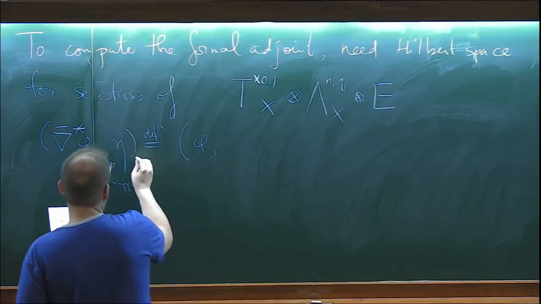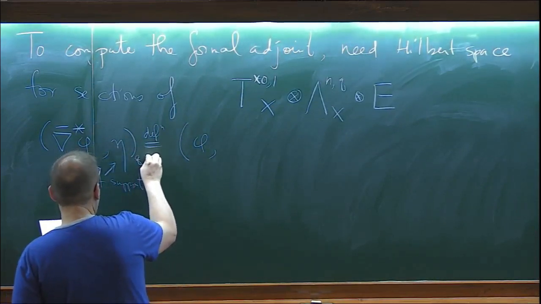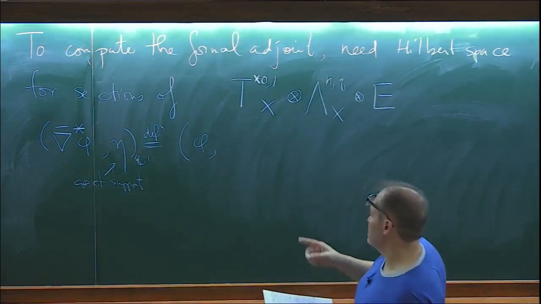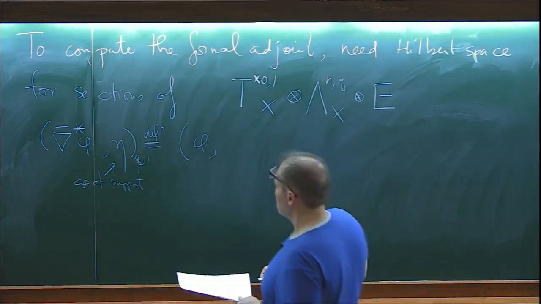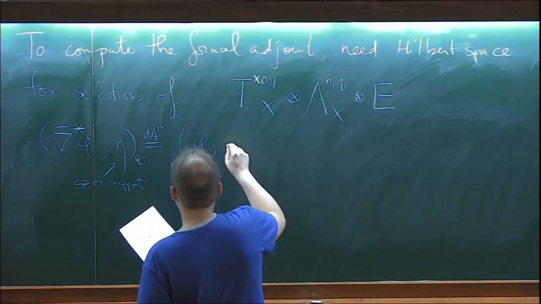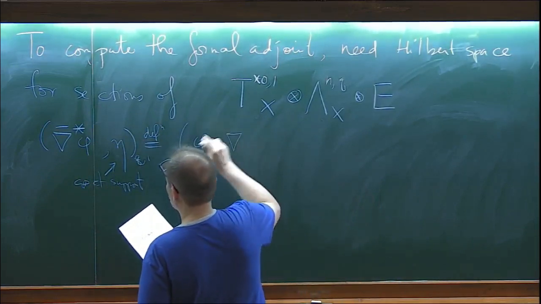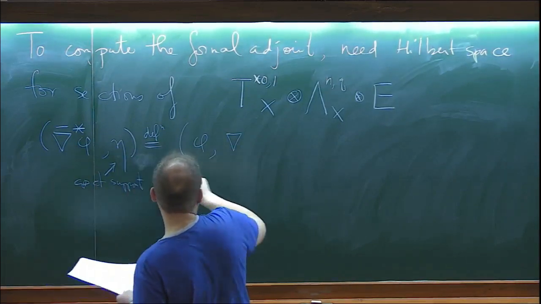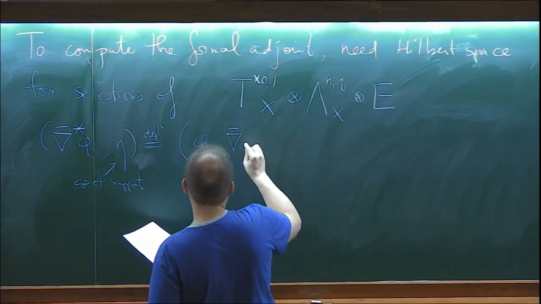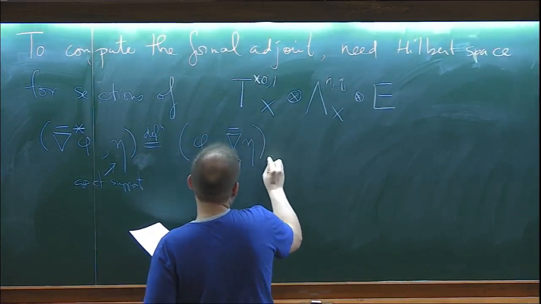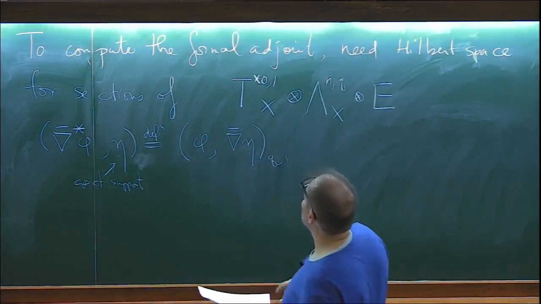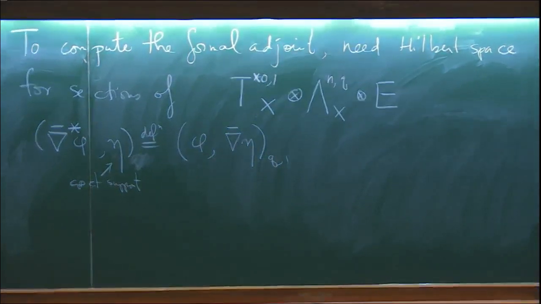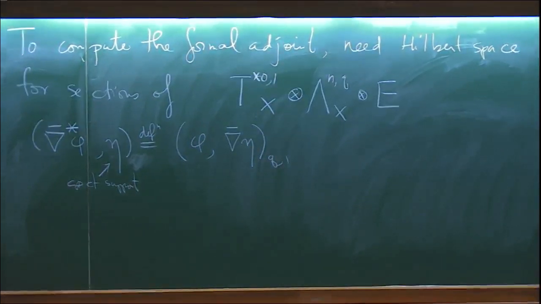If you want to, just for a moment, say here the index Q1, so (0,1), (n,q) forms, then this is just the standard Hilbert space we had before, and this one will be the Q1 Hilbert space. But anyway, this is just how you have to do it.